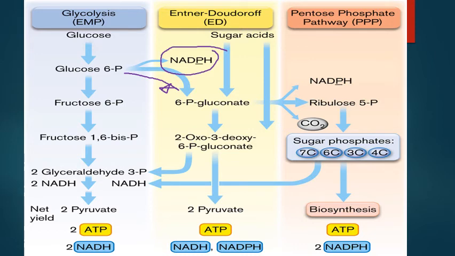Okay? Under the Entner-Doudoroff, you actually use 1 ATP. You produce 1 NADH and 1 NADPH. In the PPP, you would undergo biosynthesis of your nucleotide. You invest 1 ATP, or you produce 1 ATP also, and then you have your 2 NADPH.